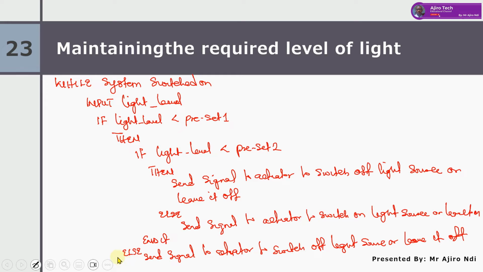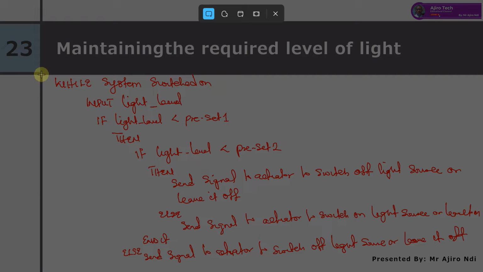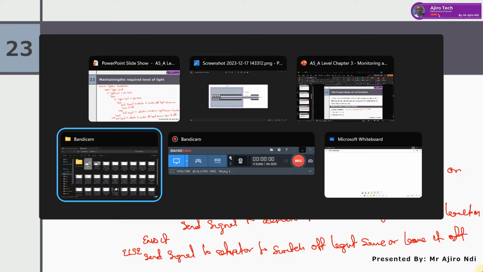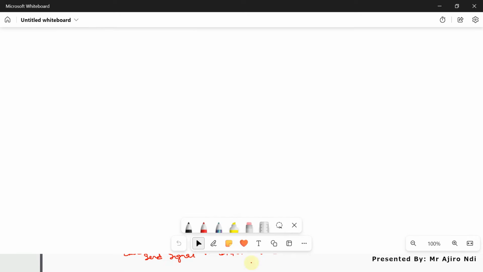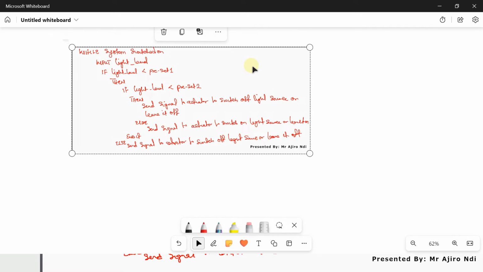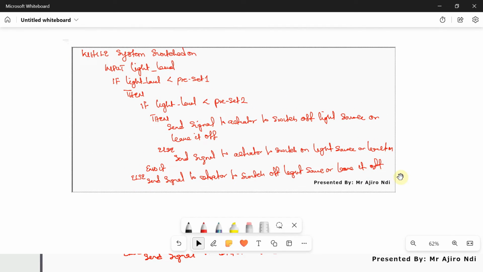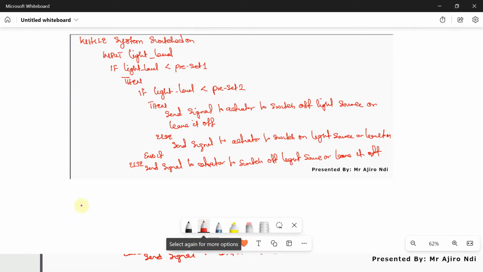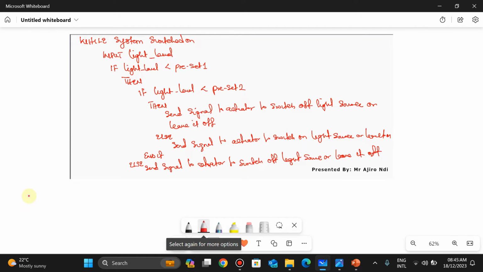Let me see if I can do a screenshot of this so that I can paste it here, because I want to continue from this. I'm just going to use red. I should use black, but I've started with red.